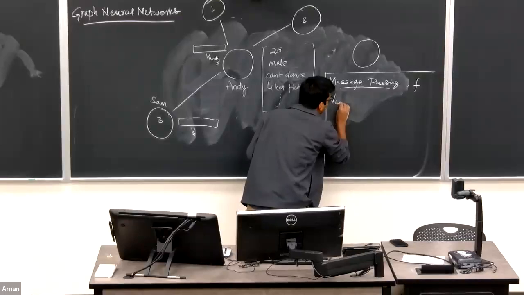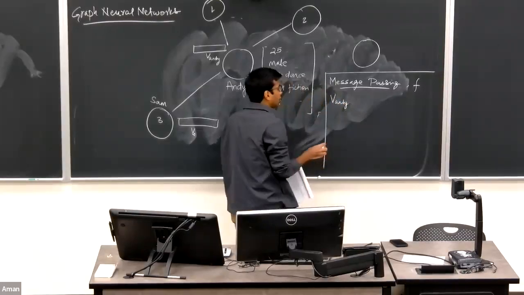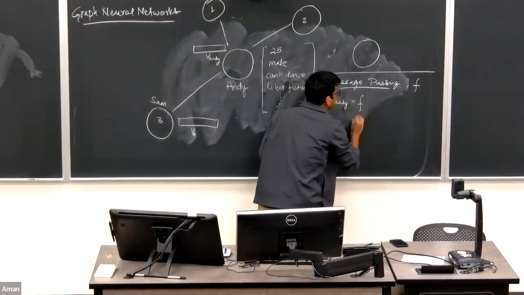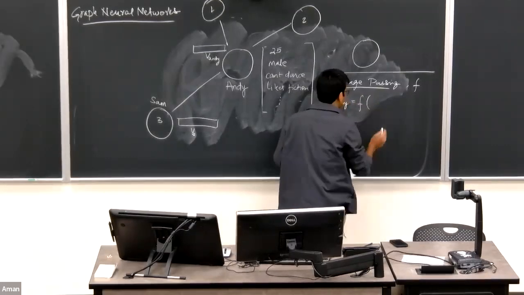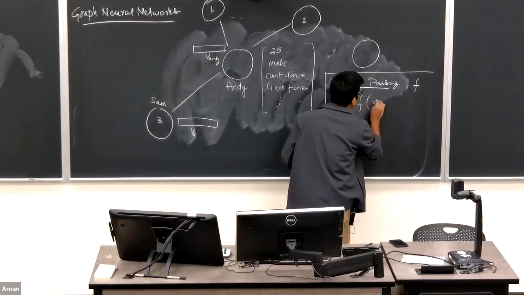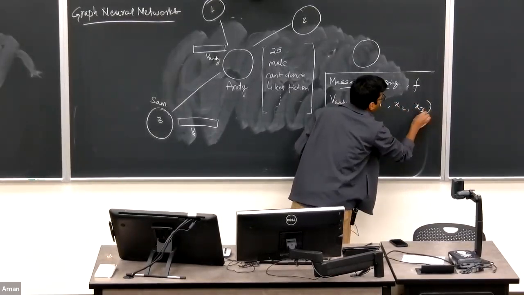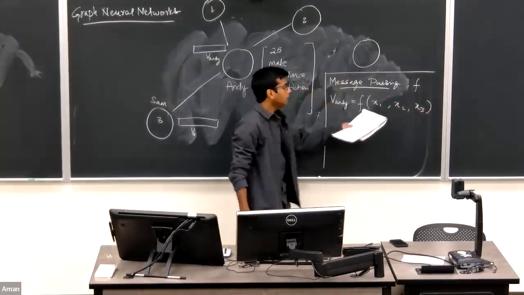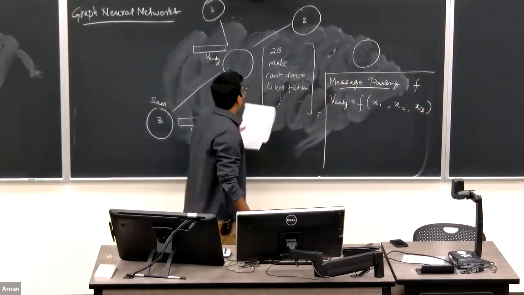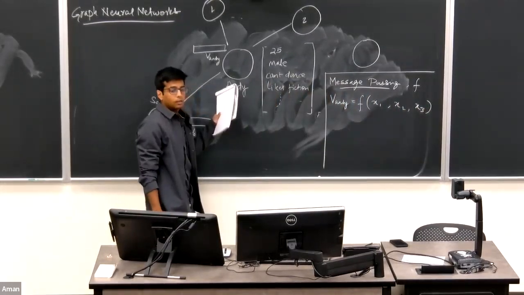You want to update the representation of this node Andy using a function f, which takes into account all of these nodes x1, x2, and x3, and only x1, x2, and x3, because these are directly connected to your node Andy.